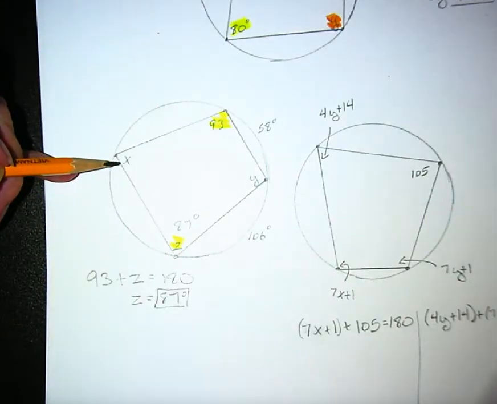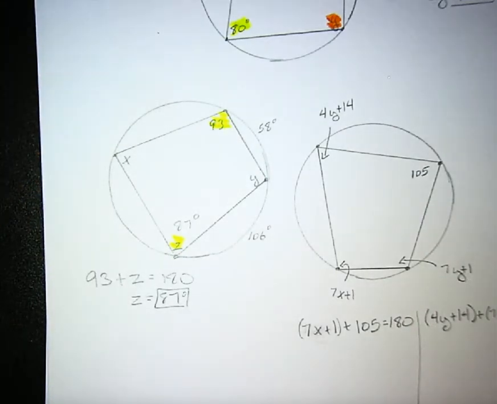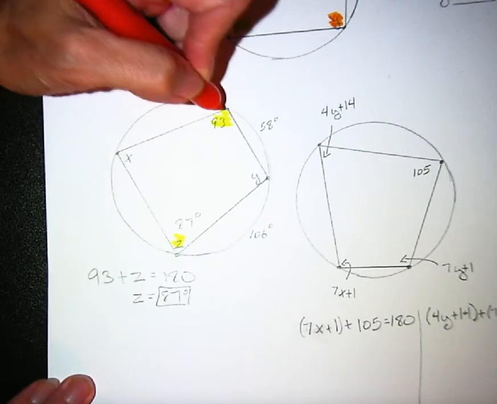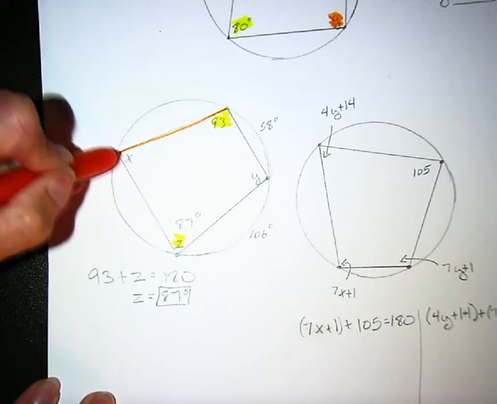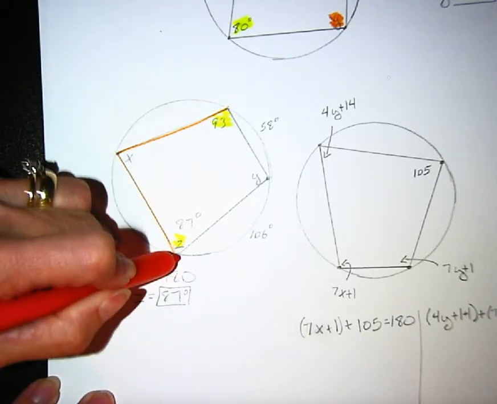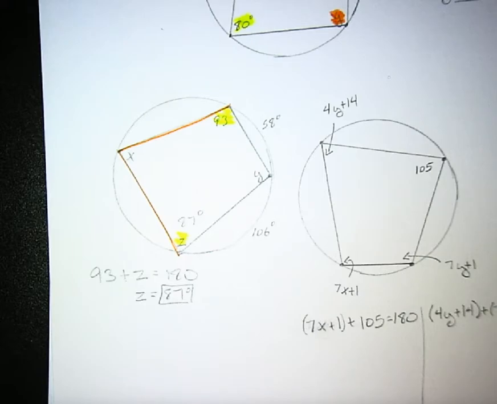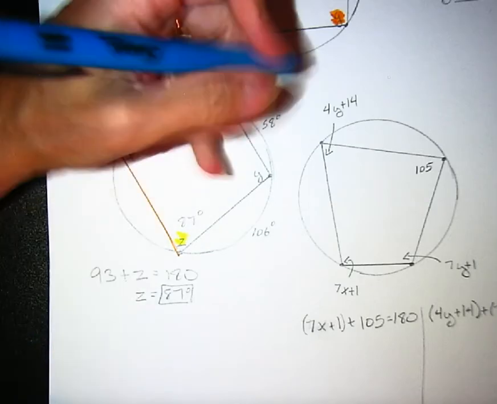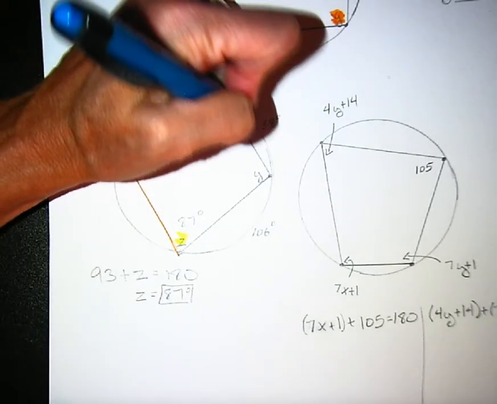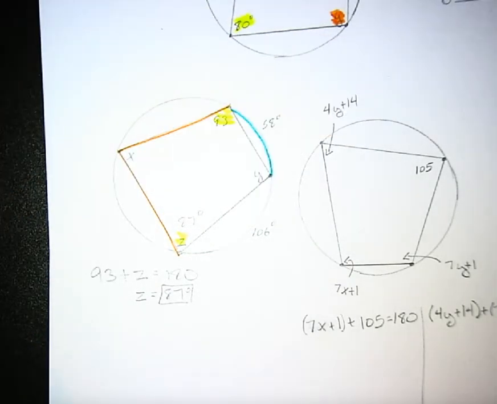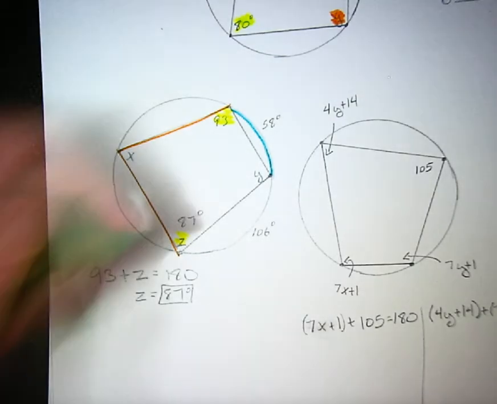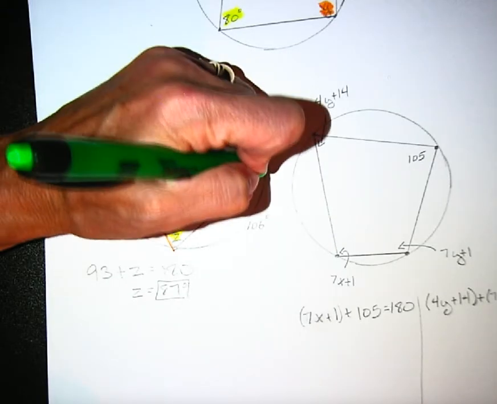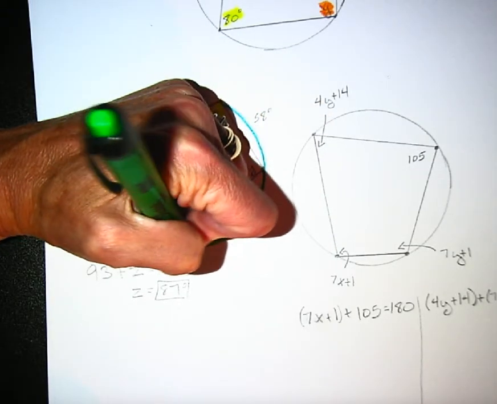If I look at x, I'm going to highlight the angle created by x. It goes all the way from here, all the way over there. I did that because I want you to see that the arc that it intercepts is this 58, which is the blue, plus the green arc, which is the 106.